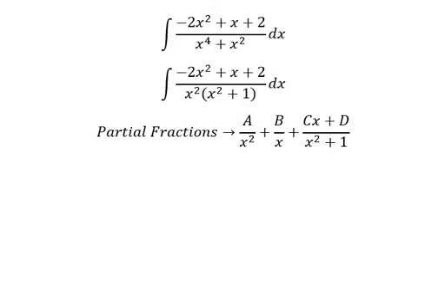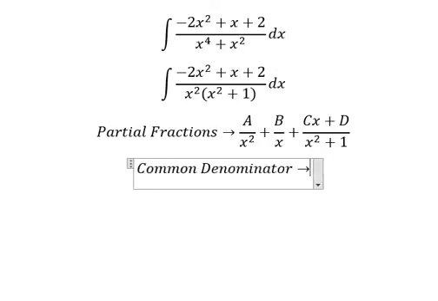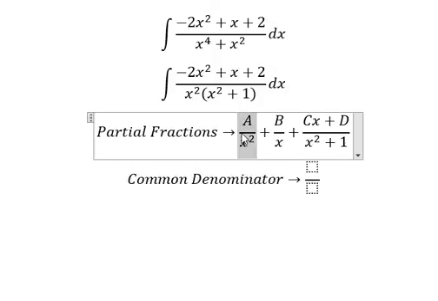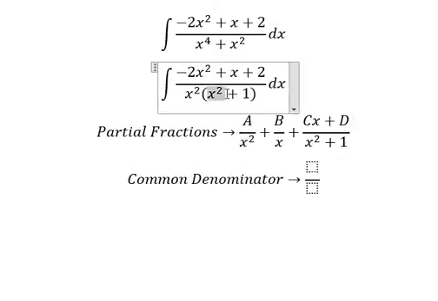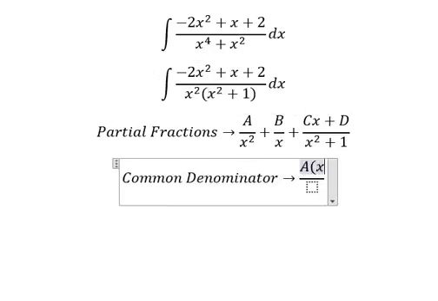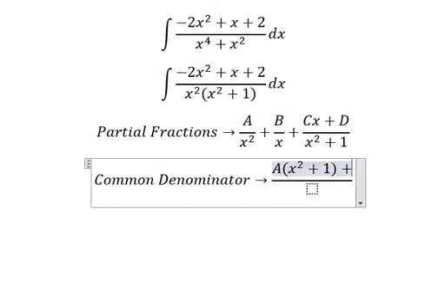Now, we do common denominator. About this one, it is missing s squared plus 1. So capital A multiplied by s squared plus 1.